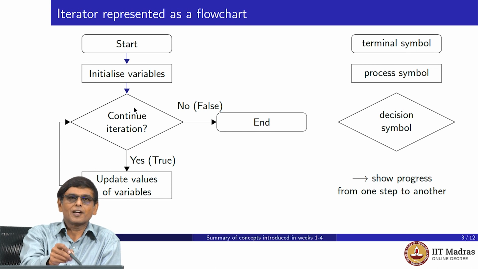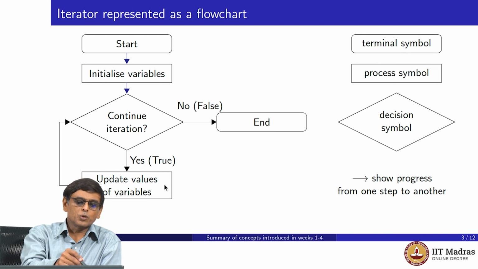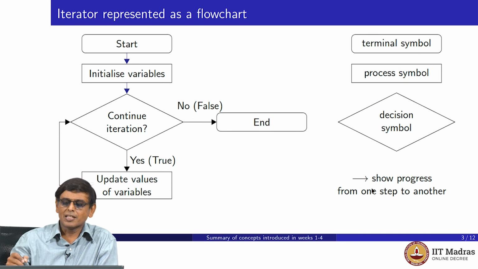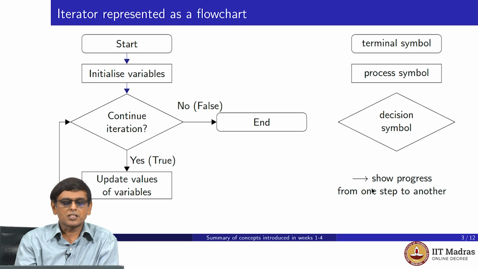Specifically, the one decision we have to make for iteration is whether to continue the iteration or to stop. If you are going to stop, then you go to the end symbol. If you are going to continue, then you update the variables and then you go back. Okay. So, with some very simple symbols and arrows, you can depict what is going on in the computation, and iteration is a very simple pattern.